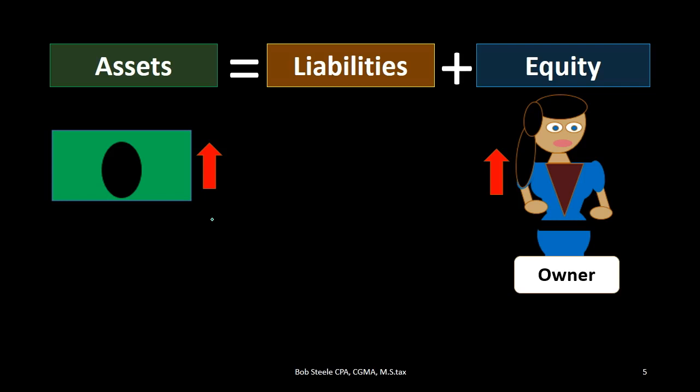We're going to say that assets are going to go up because cash is an asset, and then we're going to say that the equity section is going to go up because the owner is owed back that cash. So the owner put cash into the business, cash is going to go up, and of course, who is the business owing that cash to? The owner, the person that put the money into the business to hopefully help to stimulate revenue generation in the future.